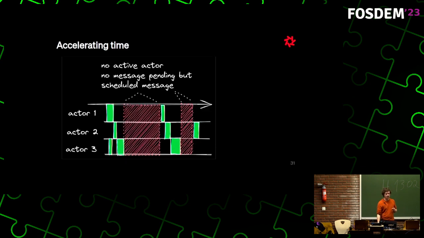So you can imagine that if you are not accelerating time, your actor execution would look like this. Actors are processing stuff, and sometimes you don't have any message in any queue. All actors are idle, and the only thing that will resume the processing is some timeout to happen, and the scheduler saying, "Okay, I have a message for you. You asked for a self-scheduled message.